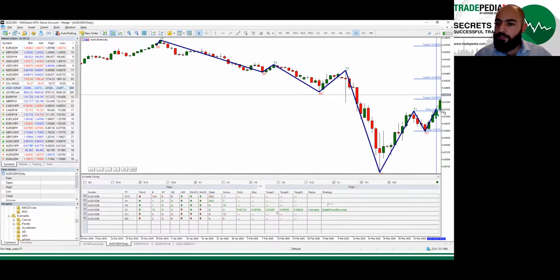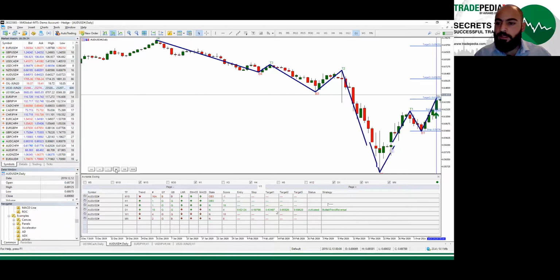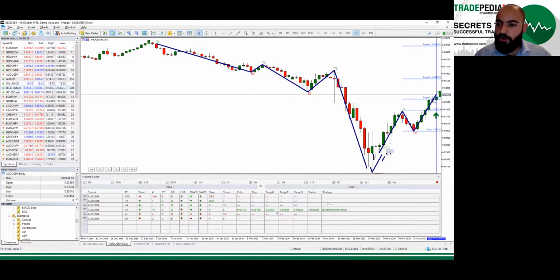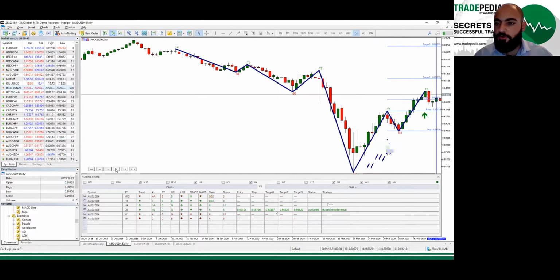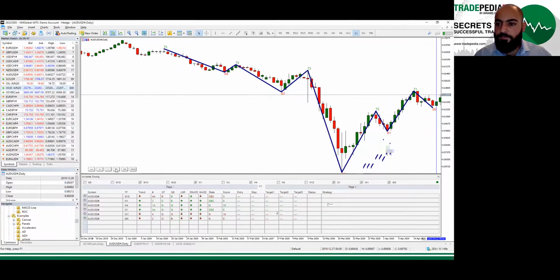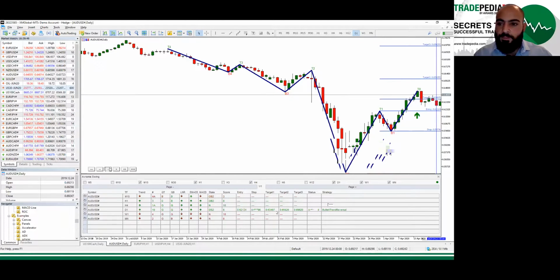All you have to do is place your orders. And as we can see, prices reach target 1. Supposedly, we should close 50%, move the stop loss, and wait for the market to go towards target 2. So this is target 2.